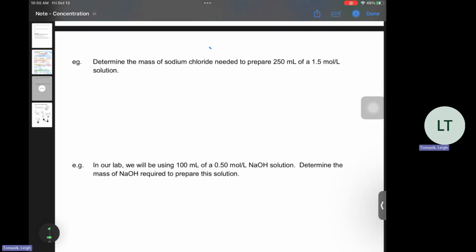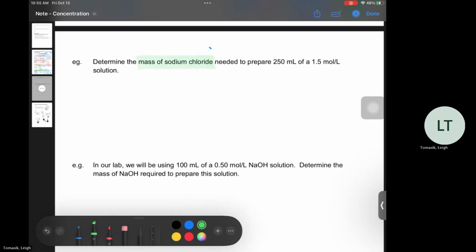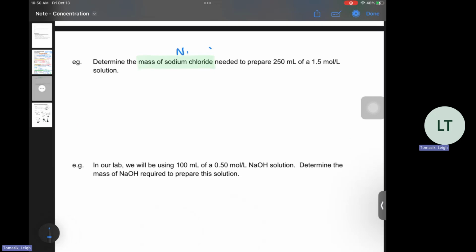Let's try another example. It says, determine the mass of sodium chloride, NaCl, needed to prepare 250 milliliters, which is our volume, of a 1.5 moles per liter solution. This is our concentration.